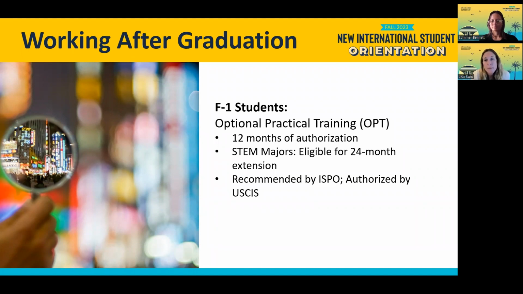So during the second part, you are still considered an F-1 student, but you're maintaining your status through employment instead of enrollment. If you happen to be a STEM major, then once you're granted approval for OPT, you might be eligible to extend the employment authorization for an additional 24 months. That's called a STEM OPT extension.